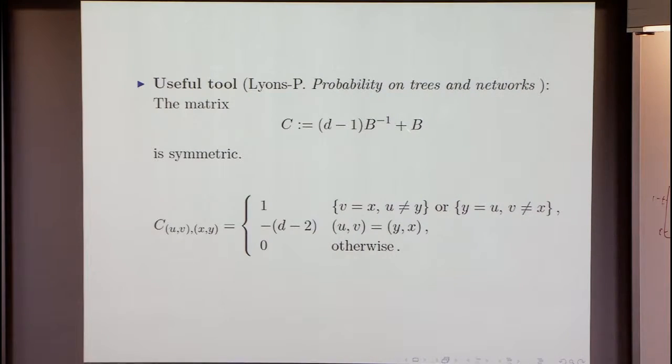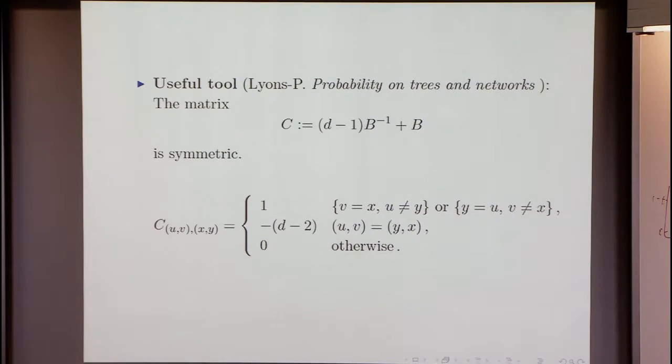If B is the non-backtracking matrix, B inverse is its inverse. B is invertible. And if you take B inverse and add d minus 1 times B inverse to B, then miraculously the matrix you get, now a matrix on the edge set, is symmetric. You can write out explicitly what it is and check that it's symmetric. We started with the matrix A, the adjacency matrix of the original graph, which is itself symmetric, but that's a smaller space.